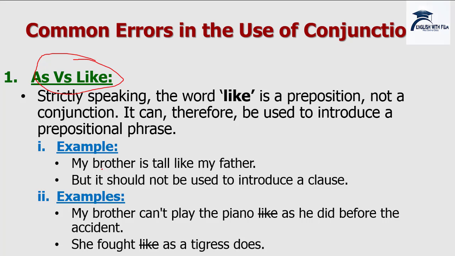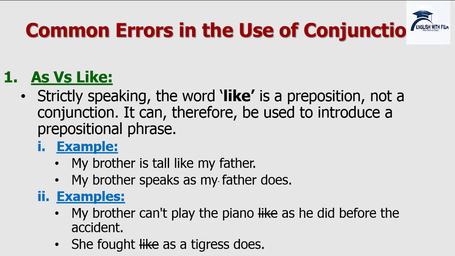Look at the example: My brother is tall like my father. My father is a noun, so you can use like before a noun. My brother speaks as my father does. Here we are using as because it's not a noun but a verb, does. So whenever we have a verb phrase or clause, you may use as, and when you have only a noun, you may use like.